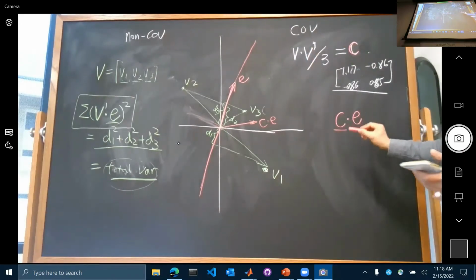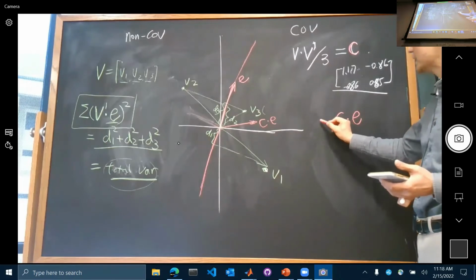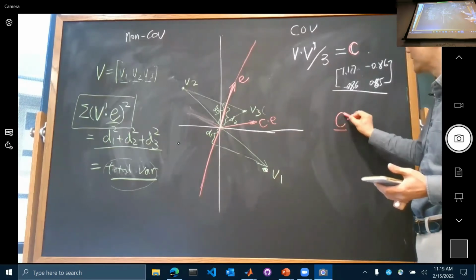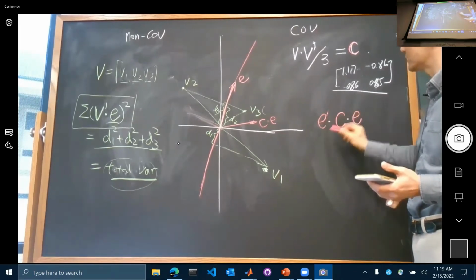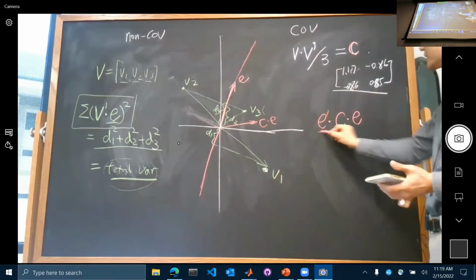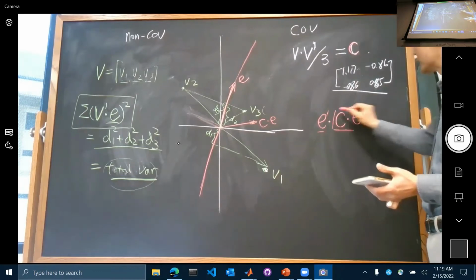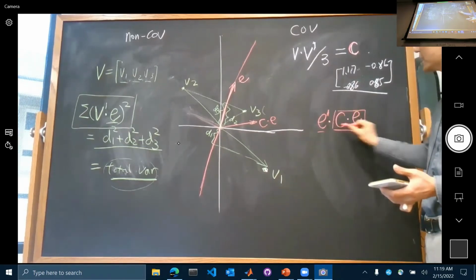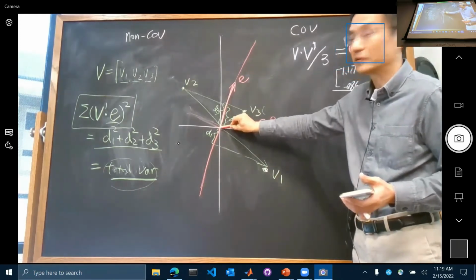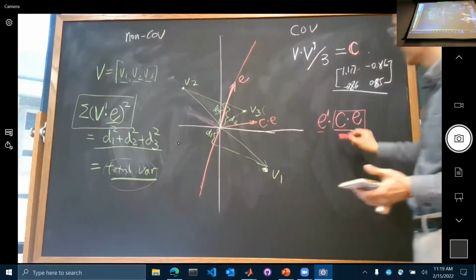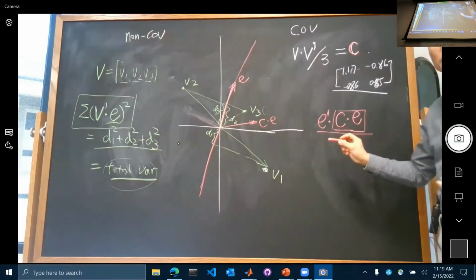Then I'm going to do a dot product of E with that. You have to transpose it in order to do this. So it's the dot product of this vector times this vector. Do you know what dot product means?